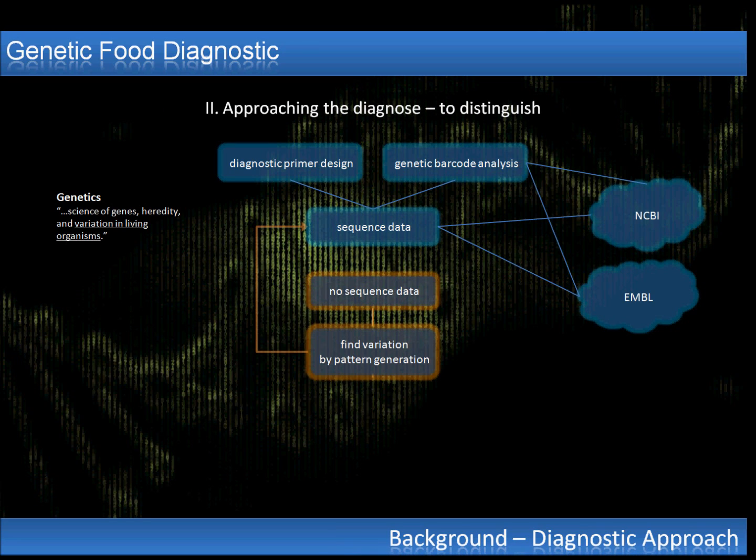Okay, now we have visual data of variation, and we want to get sequence data from this visual data. How can we get that?